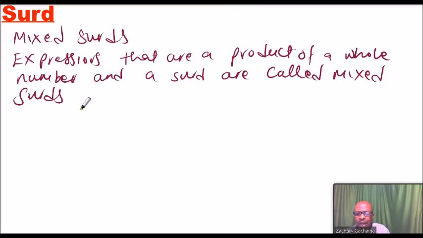For example, we can say 2 root 3. You realize that 2 is a whole number and root 3 is a surd, so this is a mixed surd.